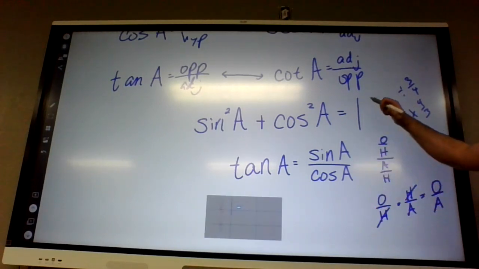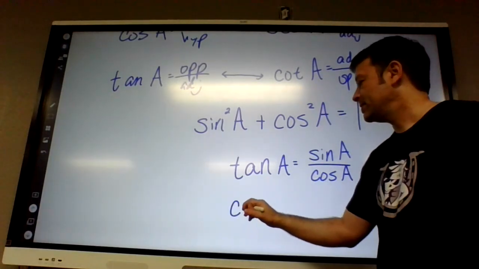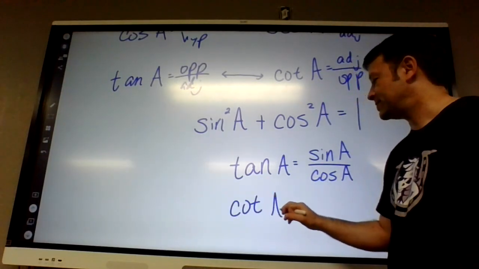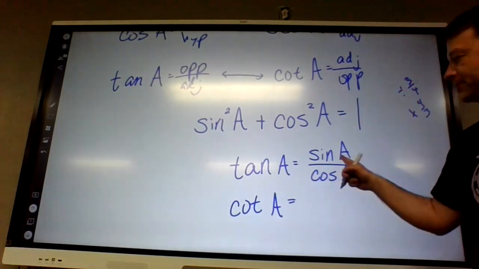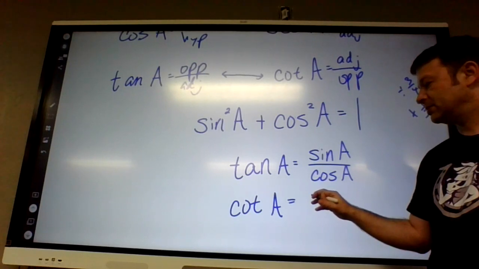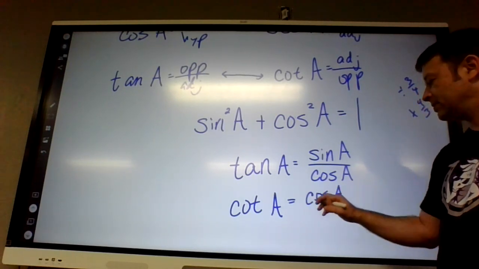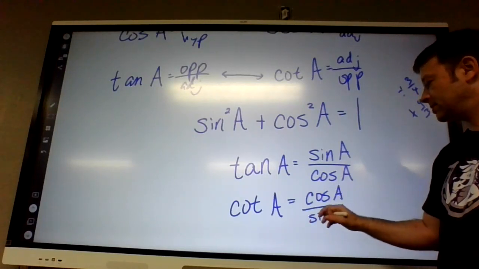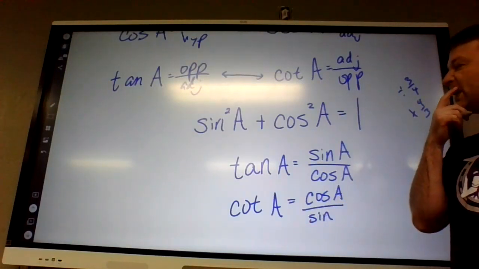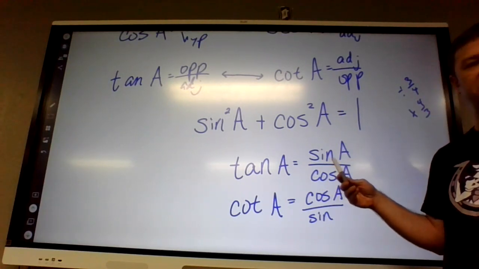So, I don't know if this one will come up, but I'm going to go ahead and say it. So maybe you guys can finish this statement. If tangent equals sine over cosine, guess what cotangent is equal to? Cosine over sine. If you said cosecant over secant, did you say that, Shannon?